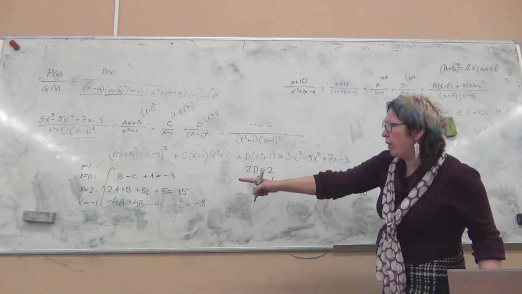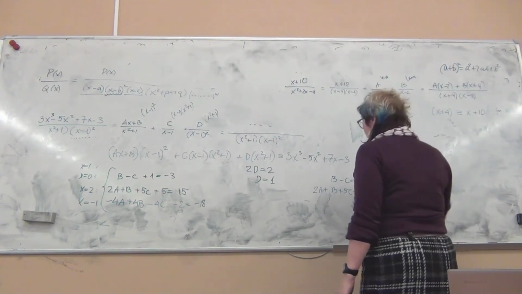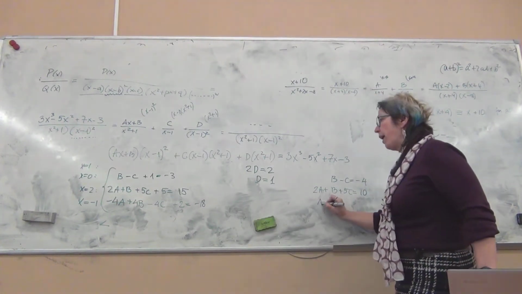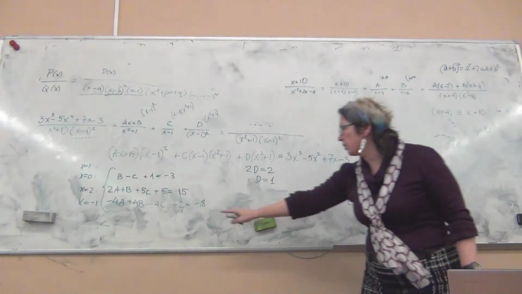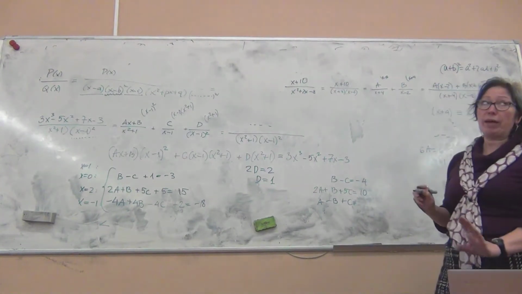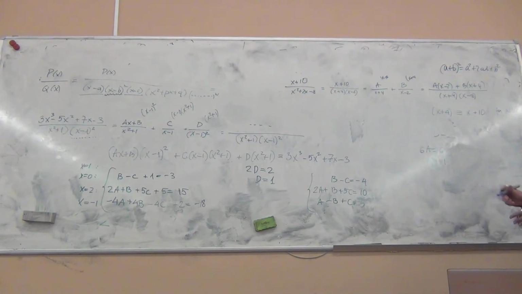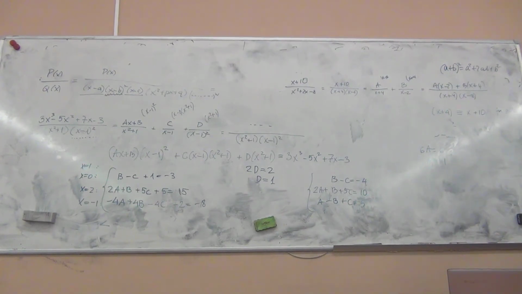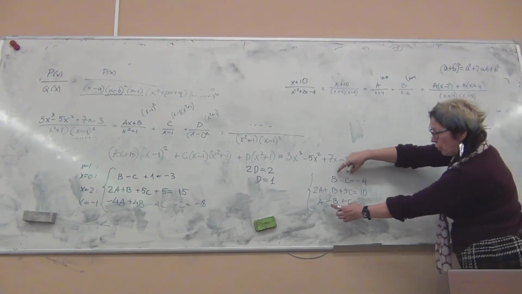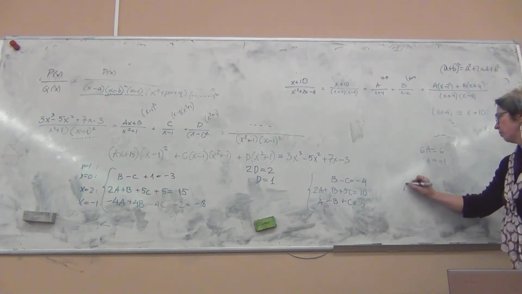I think we can divide everything by minus 4 actually, so I have a minus b plus c equals minus 20 divided by minus 4, which is 5. Now it's in a more decent shape, I guess. If I add the first and the third equation, these two cancel out, and I get a equals 1.